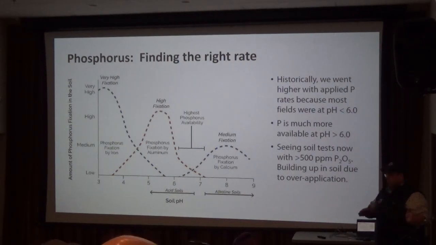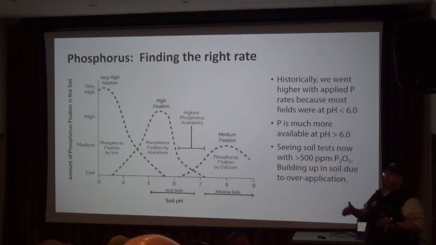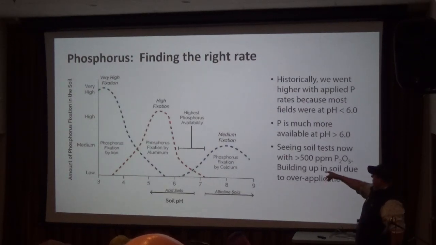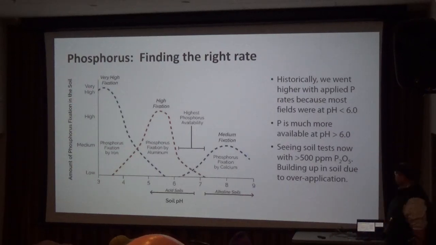So a lot of people have moved those pHs higher. We have varieties that are more resistant to scab, especially in processing. So we have to look at our phosphorus rates and adapt with that as well. If our pH goes to 6, we have 75% more phosphorus in our fields to play with.